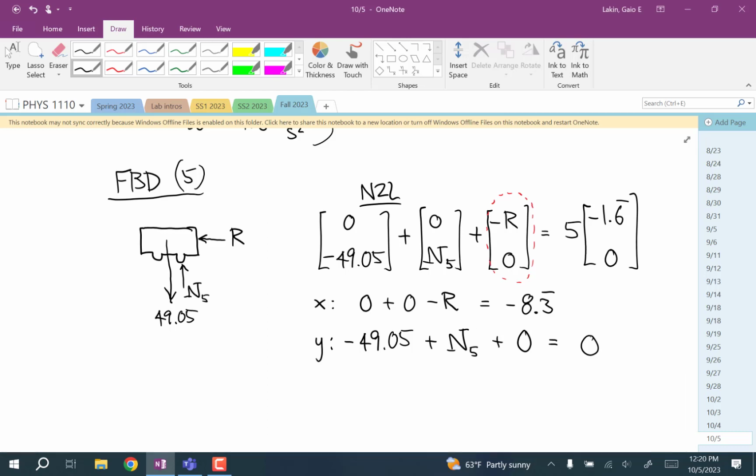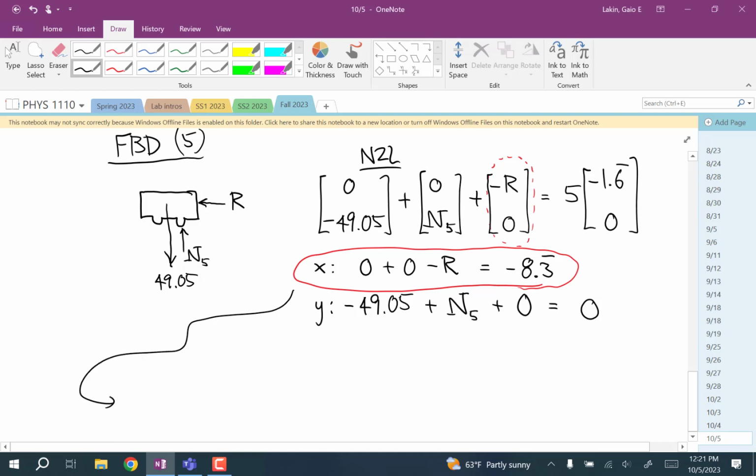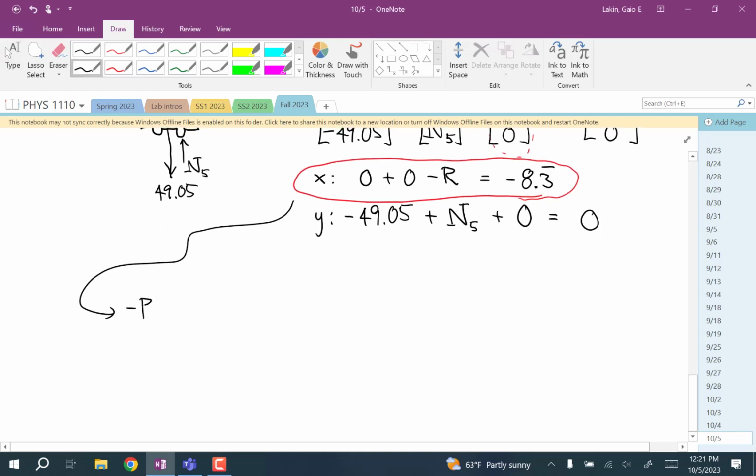Okay, if we're trying to calculate that force vector that's in that dotted circle, which of these two equations is useful to us? The x equation, because all we're trying to find is that variable R. So again, I'm going to use this one. So we have negative R is equal to negative 8.3 repeating. And so R is equal to 8.3 repeating. Since everything we're doing is in SI units, this is newtons.